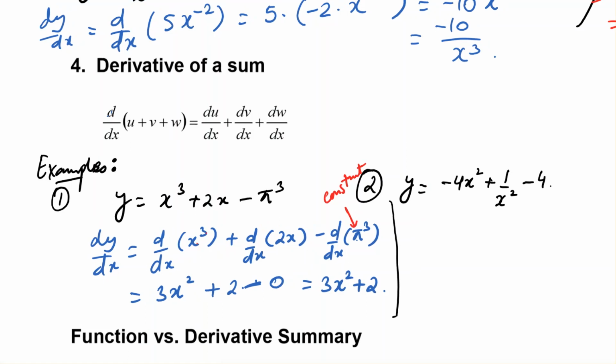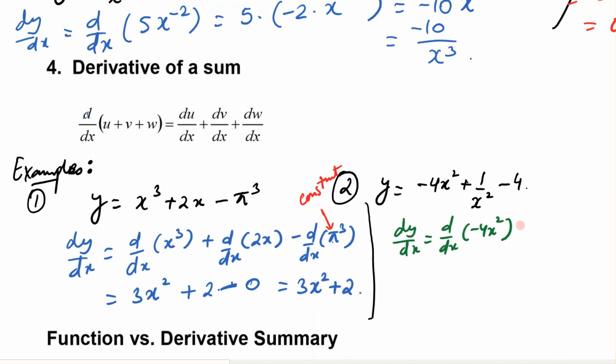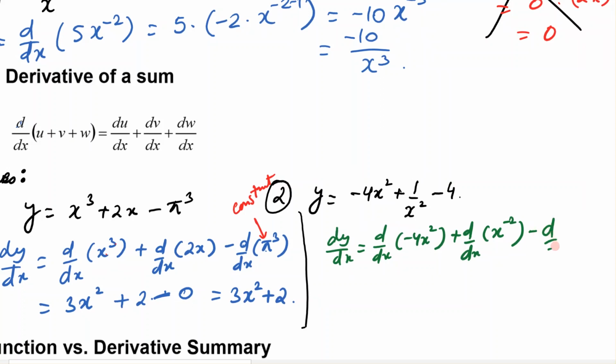For the next one, again, we take the derivative with respect to x on both sides, and we get the derivative of each individual term. For the first one, we get negative 4x squared plus the derivative of 1 over x squared, which I'm going to rewrite as x raised to power negative 2, and the derivative of 4.